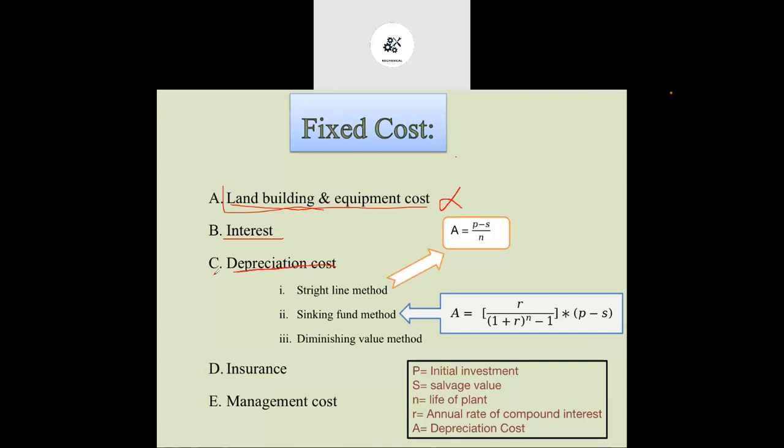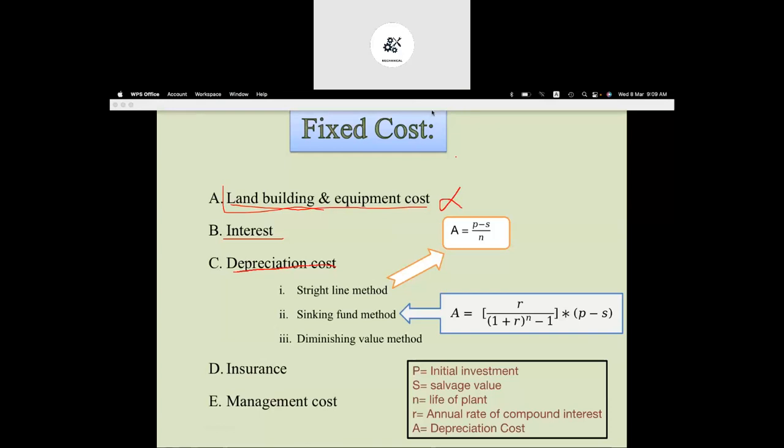Over time we are using these devices, and as we use them, their value goes on reducing, right? Similarly, the total cost of the power plant will be depreciated with respect to time.